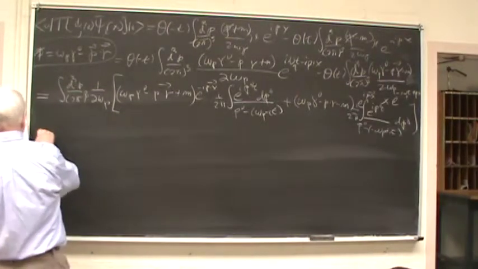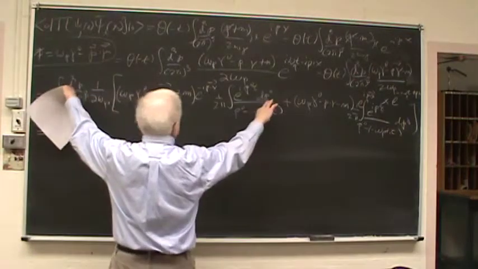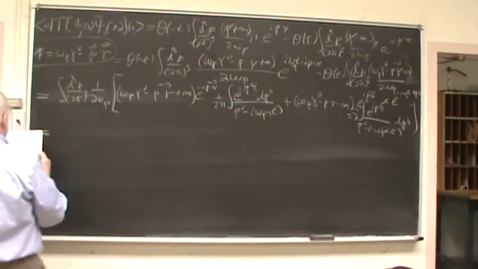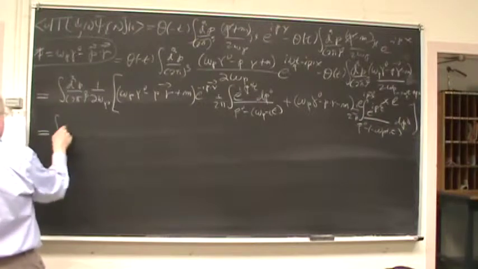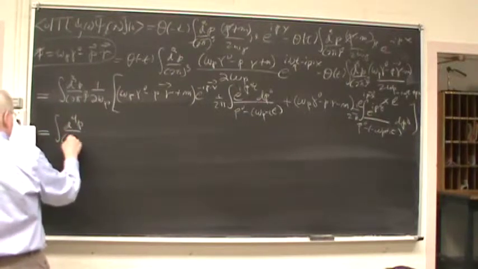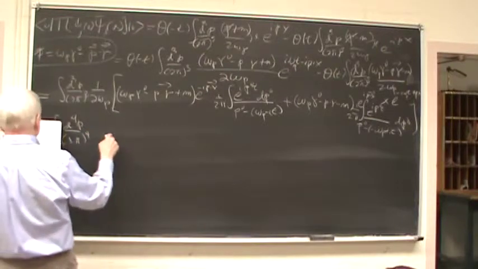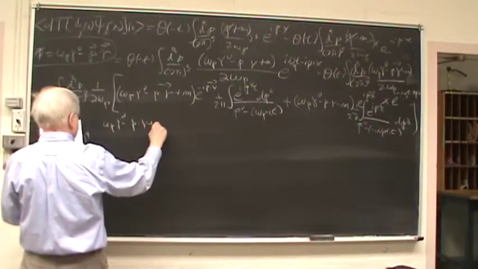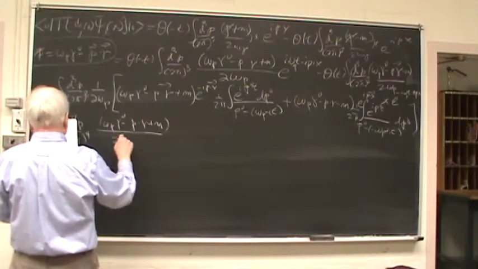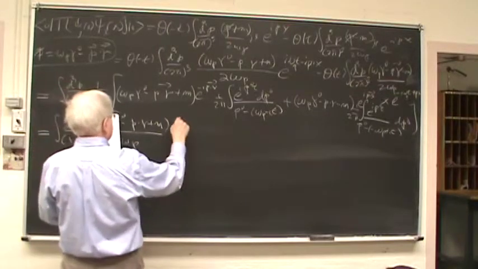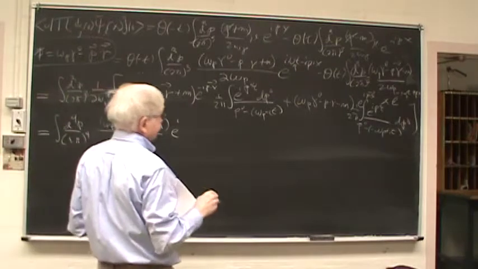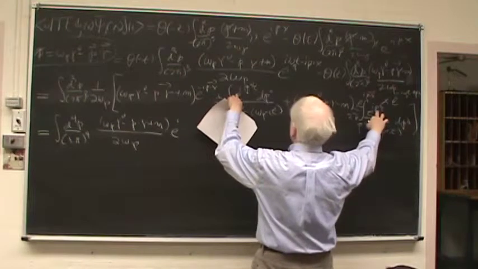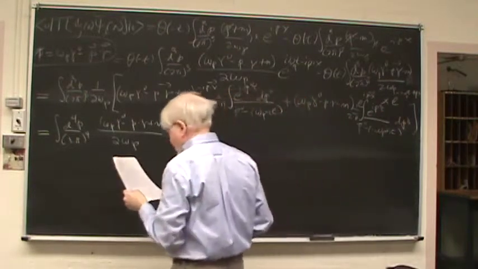And so then effectively what we have, if we combine the d cubed p with the dp0, we have a d fourth p. We combine the 2 pi's. And so what we have then is integral d fourth p over 2 pi to the fourth, and then we have omega p gamma 0 minus p dot gamma plus m over 2 omega p e to the I. Now once we flip the same signs there, we have the same e to the I px.